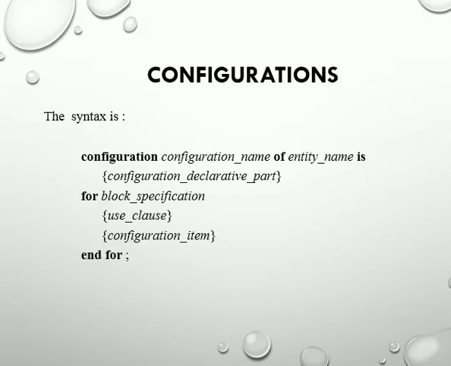So if we look at the syntax of this configuration, as it is mapping to an entity, here we need to specify the entity name, okay. So the syntax for configuration is the keyword configuration, then the configuration name, of the entity for which we are mapping, okay, is, and then there will be a configuration declarative part.